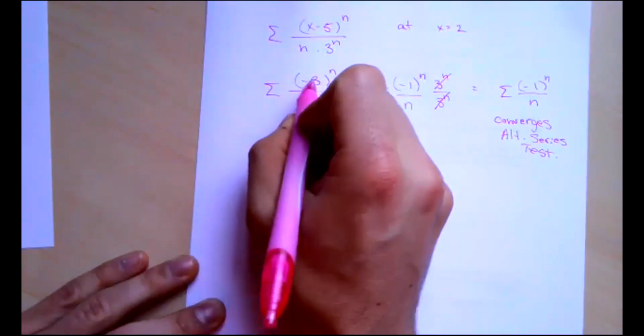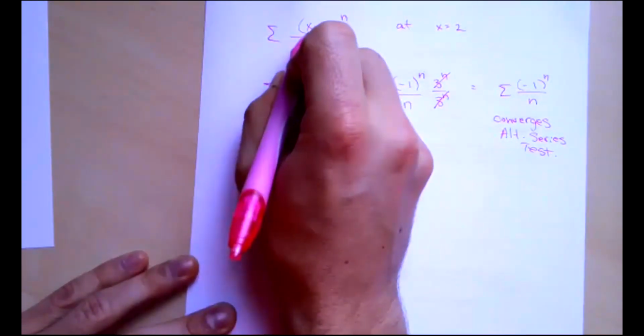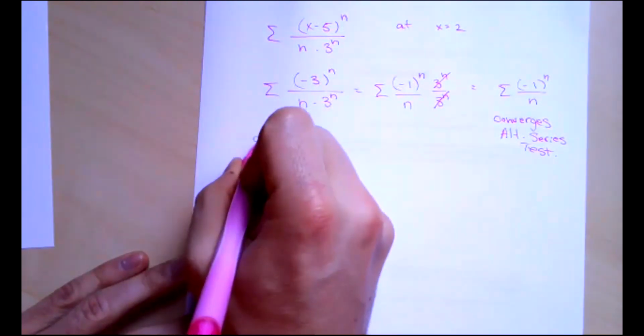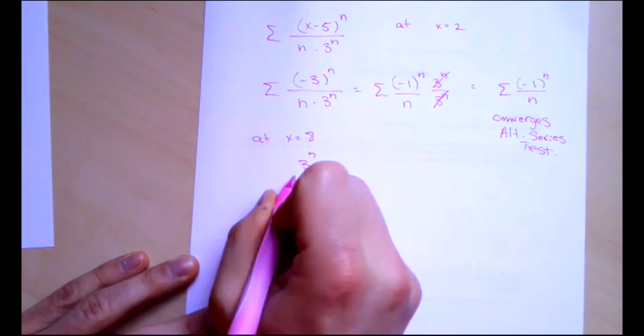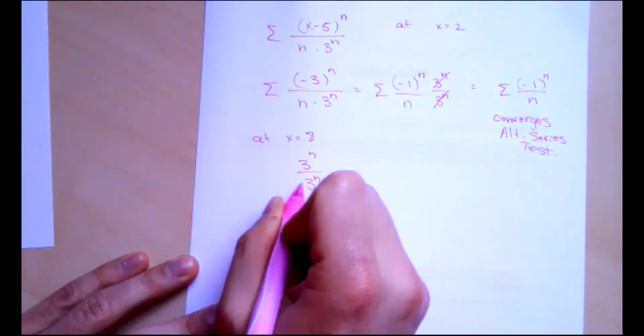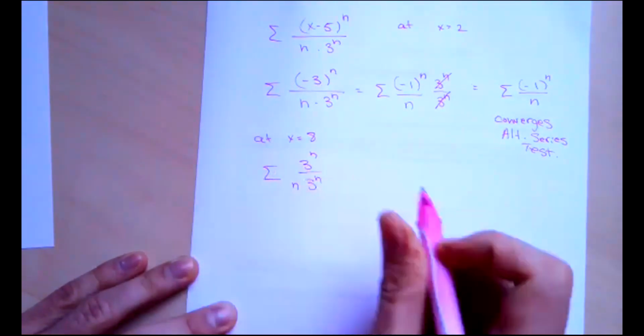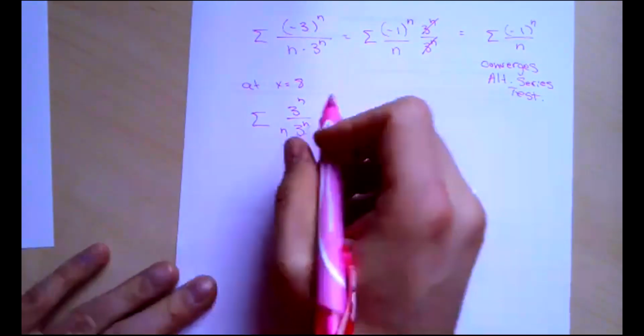At the right endpoint, what are we going to have? We will have an 8 minus 5, so it'll give me a positive 3 to the n over n times 3 to the n. So this will diverge.